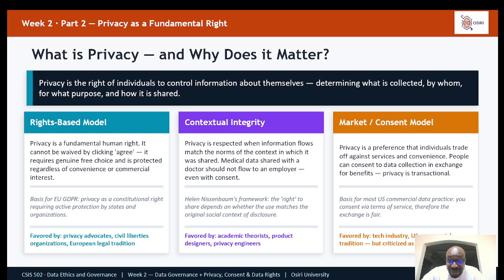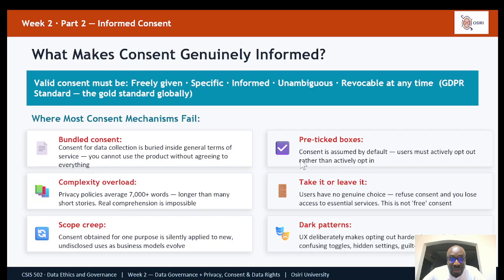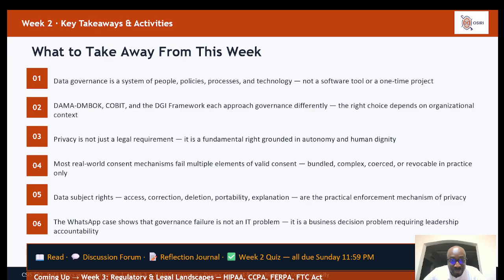So I believe we have all enjoyed the class for today. Most importantly, our take home: data governance is actually a system of people, policies, process, and technology. Let's take note of that. Data governance is not a software tool or a project.